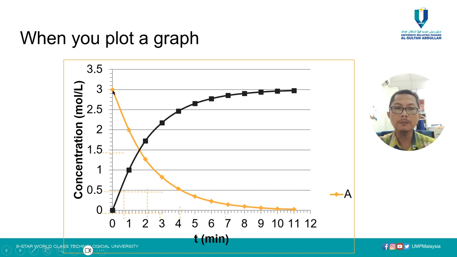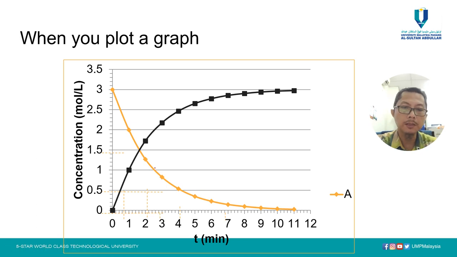Initially we have 3 mole of A, and then it drops to 2 mole of A after 1 minute. At the same time, B also forms. So this black dot and line is for B. From 2 to become 1, it will take about 1.5 minutes.